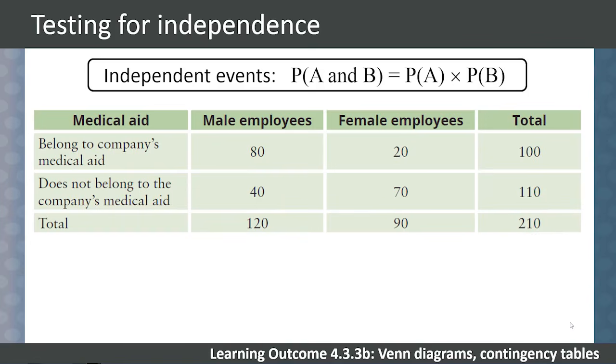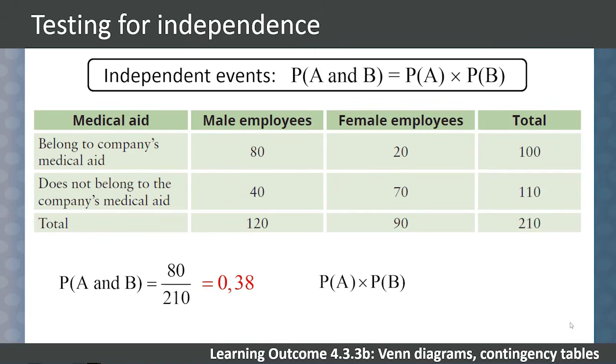Then we calculate the probability that an employee is male and belongs to the medical aid by using the value in that cell. So the probability of A and B is 80 divided by 210, which gives 0.38.